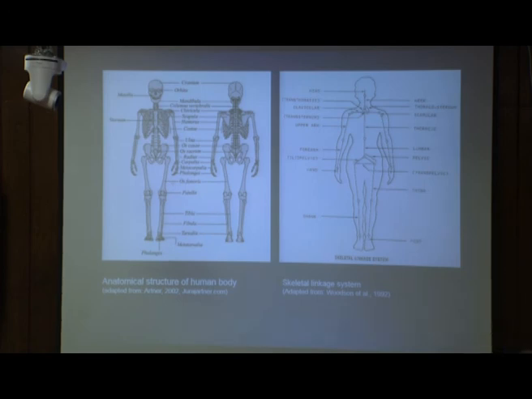In this course, when we discuss creating a digital human model, we will use the skeletal linkage system, that is, how the human body can be represented with link segments. Various body segments are joined with this link structure. The same hand, upper arm, lower arm or palm can be represented with link segments. That shows the skeletal linkage system. If we understand this clearly, it will be very helpful for making a digital human model.